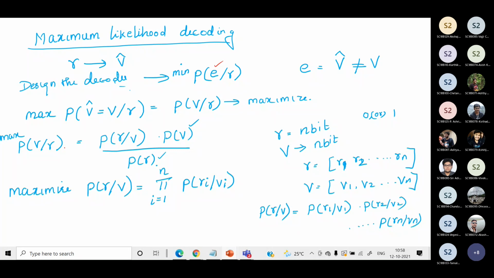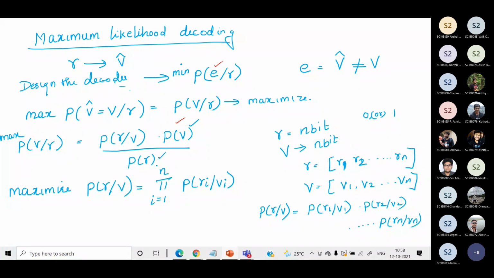Using Bayes rule, I can write P of V given R as P of R given V into P of V divided by P of R. P of V is the transmitted probability of the code word. Since there are 8 code words here, we take all of them as equiprobable. So this doesn't affect the maximizing, because whatever value we take, it is a constant.